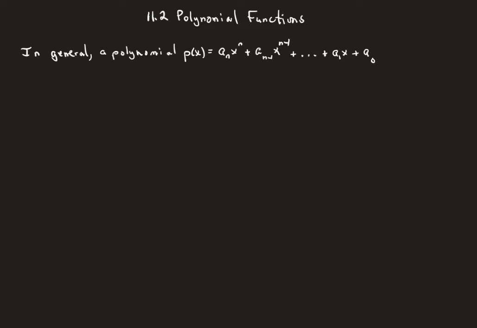What we mean by these a sub different numbers is that these are just the coefficients. So, for example, if we had a polynomial p of x equal to something maybe familiar, x to the second minus 4x plus 5, then our a sub 2 is going to be the coefficient of the x squared term.